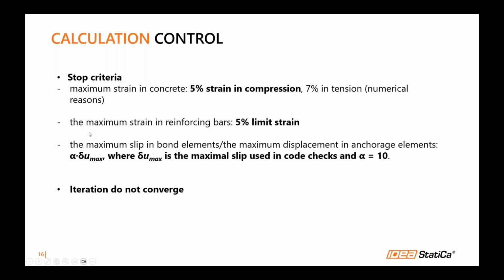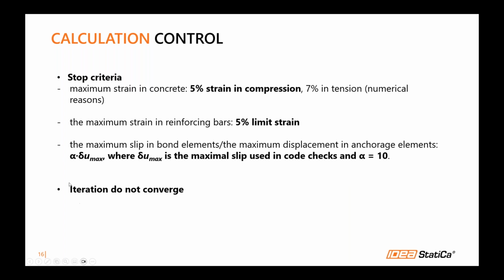Then the second stop criterion is maximum strain in reinforcing bars, the 5% limit strain. And the third one is the maximum slip in bond elements or the maximum displacement in anchorage elements.